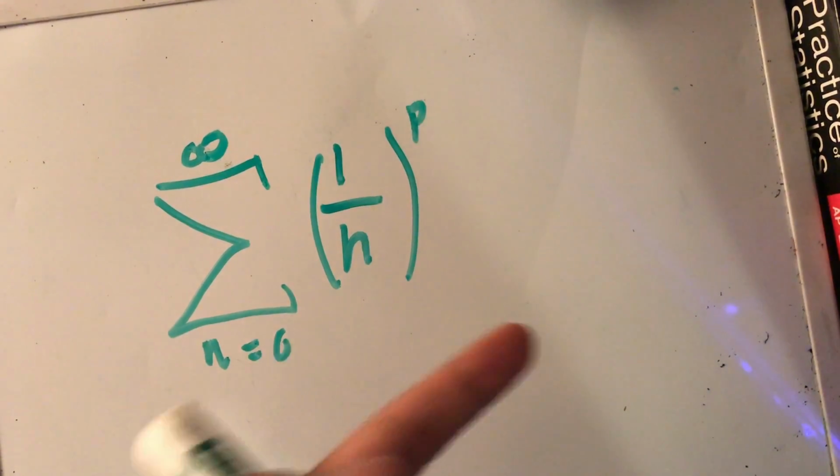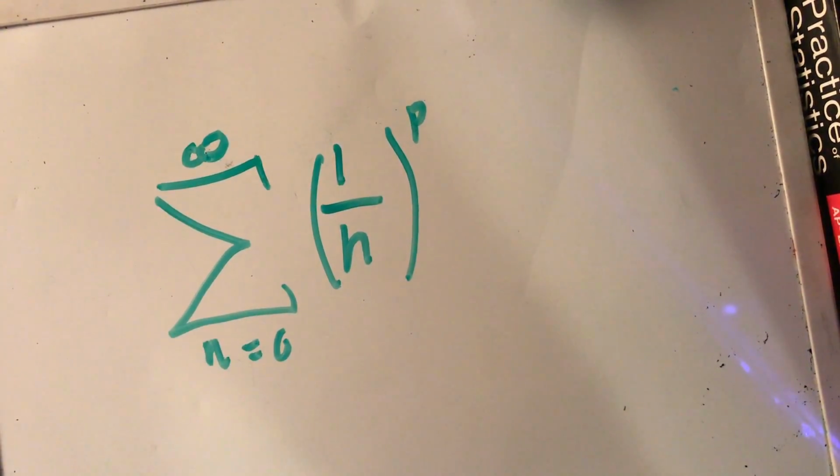If p is not greater than 1, then you can conclude that it most likely diverges, but again, that's not part of the test. So the P-series test is really a test of convergence, because if p is greater than 1, something will converge.